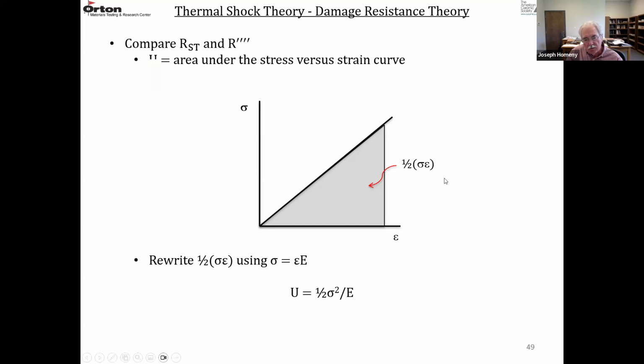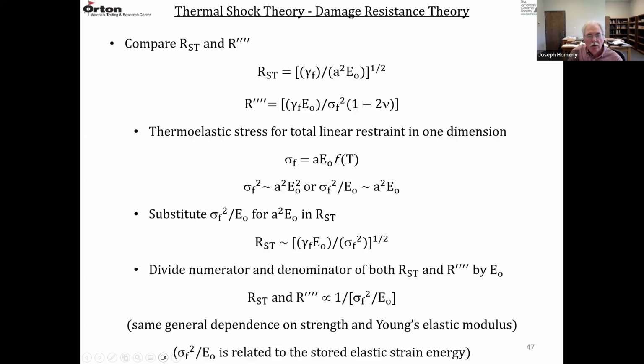And I showed this slide before, but the area under a stress strain curve, sigma versus epsilon, is 1/2 sigma epsilon. And if we rewrite that in terms of this expression, sigma equals epsilon E, the strength equals the strain times the Young's modulus, we can put the stored elastic strain energy in this term here, 1/2 sigma squared over E, which is this term here.